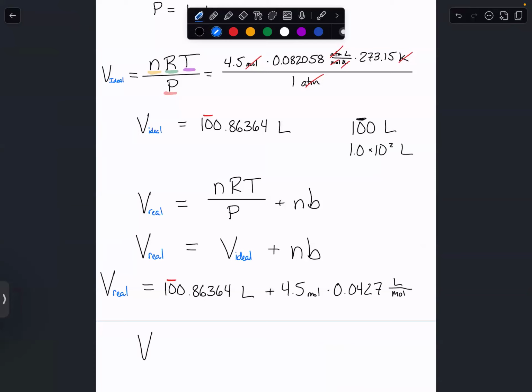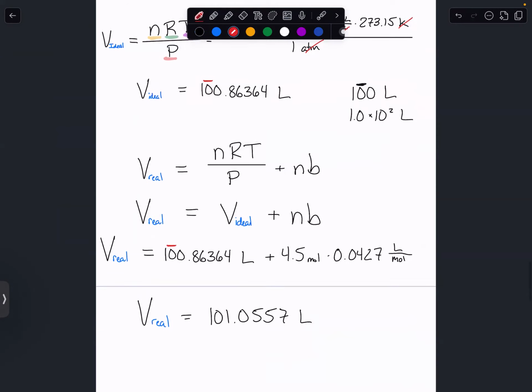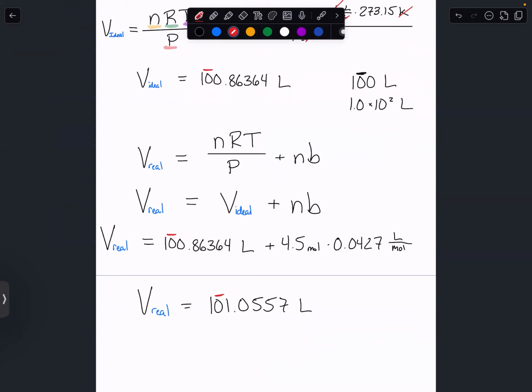All right, and so now we have a real volume of 101.0557 liters. And if we round this to the same number of sig figs as our ideal volume, we're still going to just have 100.